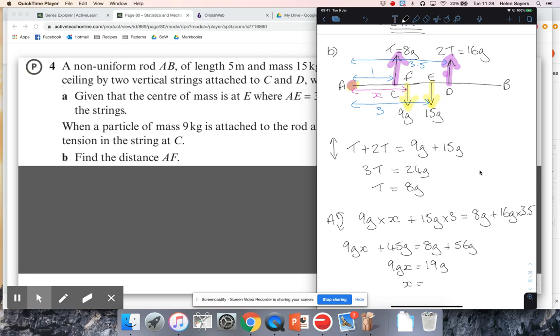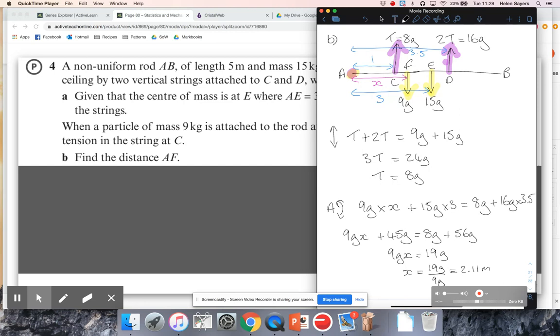So X is 19G over 9G. 19 divided by 9 is 2.11 meters. So it does turn out that my F was roughly in the right position. It was 3 meters to E and 1 meter to C, so if F is 2.11 meters, it's in roughly the right place.